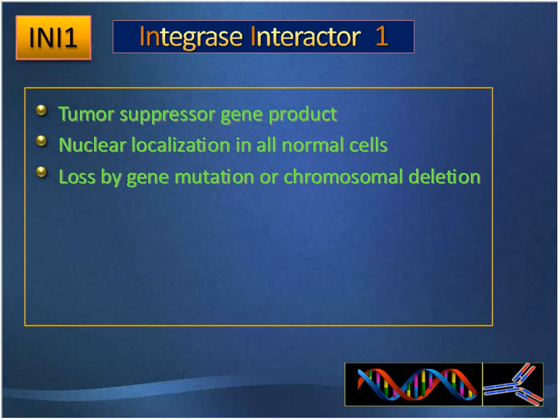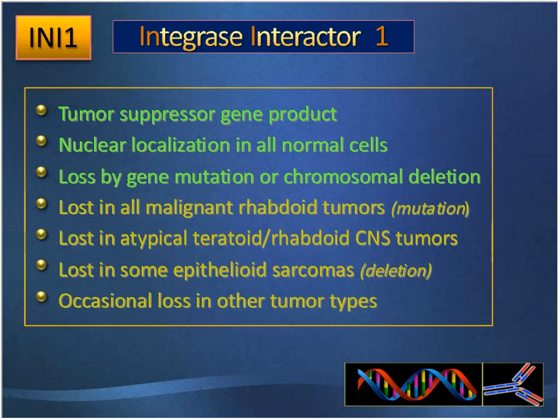This is a tumor suppressor gene product. The nuclear localization is seen in all normal cells. There is loss by gene mutation or chromosomal deletion in a few tumors, and those are the ones in which we can use this particular marker very effectively.